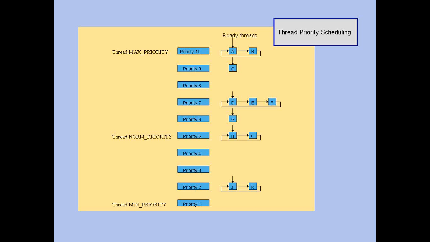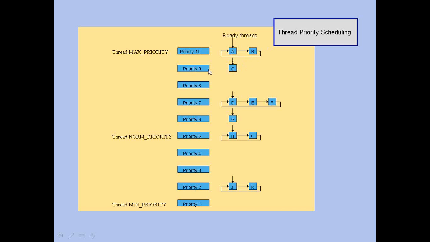So let's see this. Five is the normal priority, whereas the minimal priority is 1. If the max priority of 10 is given to, let's say, threads A and B, A and B may be scheduled first.